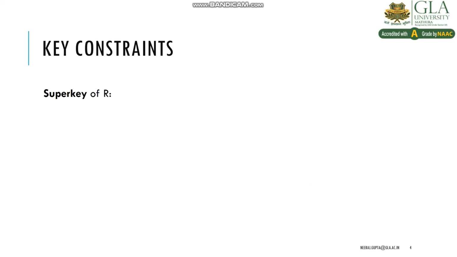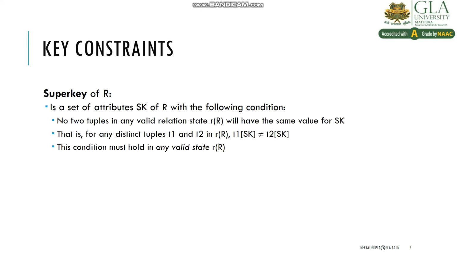So key constraints. First we understand what is the super key of R, where R is a relation. It is a set of attributes SK for R with the following condition: no two tuples in any valid relation state r of R will have the same value for SK.